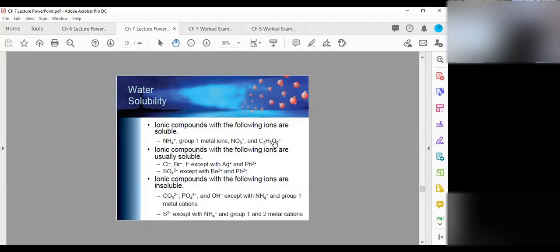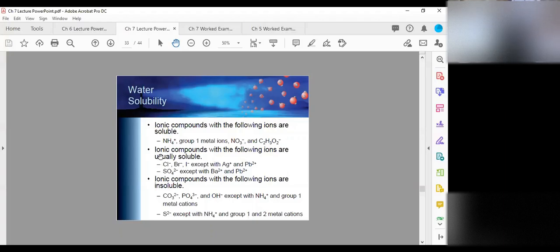So the word aqueous means it's a soluble compound in water. So for example, ammonium chloride, sodium chloride, HNO3, acetic acid, sodium acetate, whatever chemical compound that has any of these, automatically you will label it AQ.